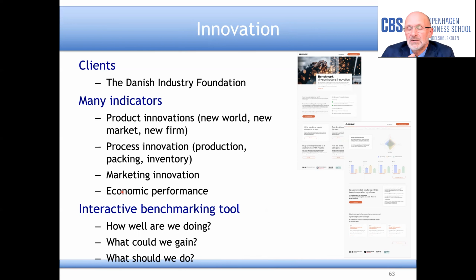So it is a question of how well are we doing compared to others, but also we estimate what you can gain by becoming more innovative, and how you can become more innovative. One of the tools you can use there is to employ more people with higher education. That tends to increase innovation. We have a model that shows the likely gain of employing a larger fraction of the workforce with a longer education. So that's innovation.